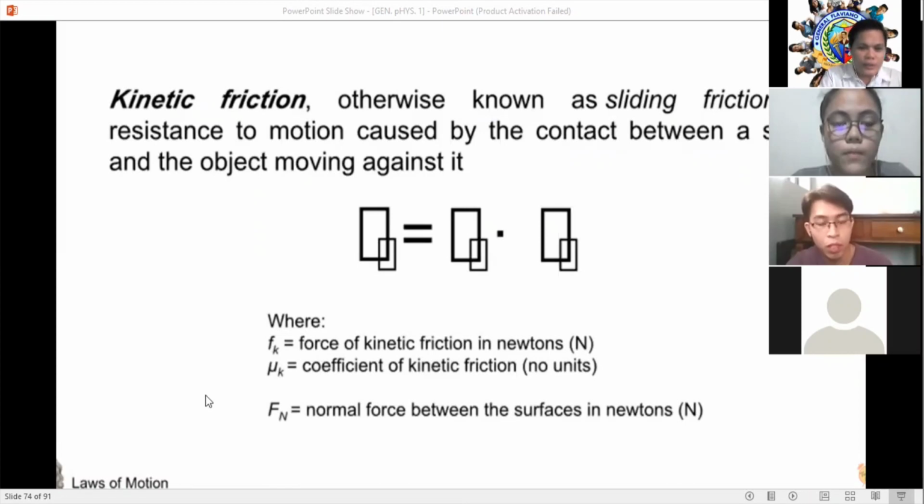Mathematically, F_k = mu_k times N, where F_k is the force of kinetic friction in newtons, mu_k is the coefficient of kinetic friction, which has no unit, and N is the normal force between the surfaces in newtons.